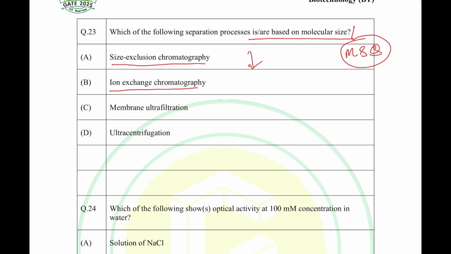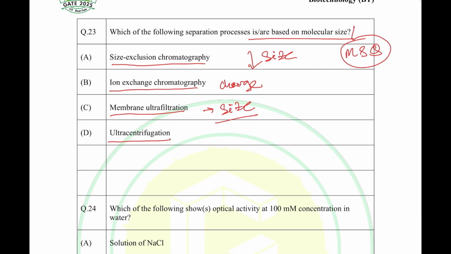Okay, and ion exchange chromatography is based on the charge, while this one is the size. And membrane filtration uses a semi-permeable membrane to separate molecules according to their molecular weight cutoff. Smaller molecules pass through and larger molecules are retained. So this is also based on their size.